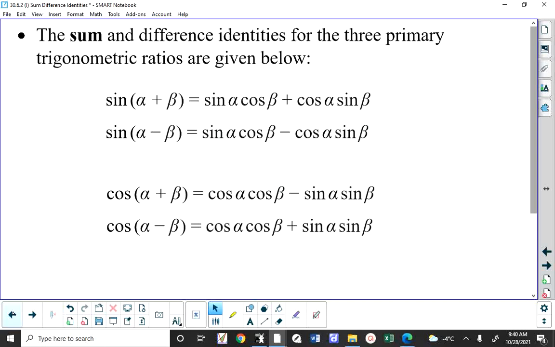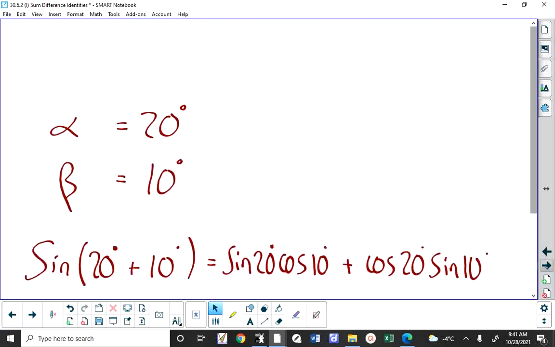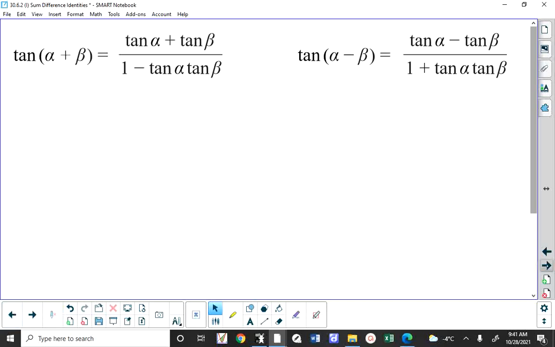Sine of a difference is a difference of 2 terms, but cosine is backwards. So cosine of A plus B is cos A cos B minus sine A sine B. And then tangent, I've never even gotten to the point where I remember these. I have to look every time. I would be too unsure of myself.